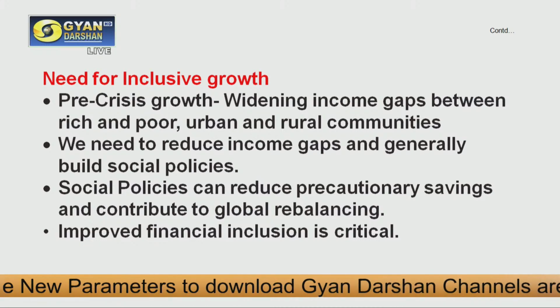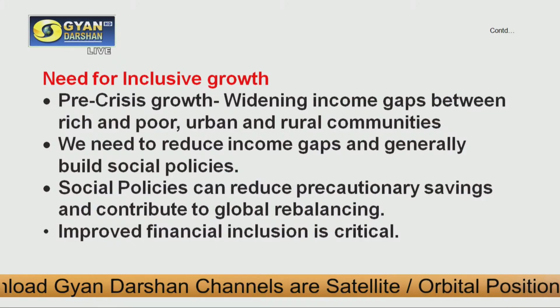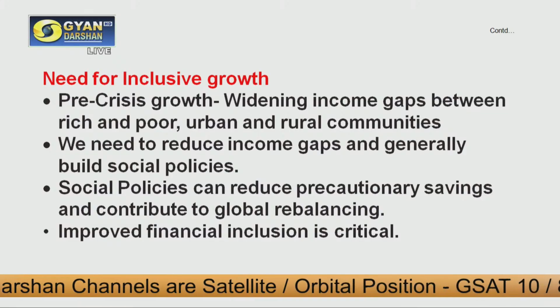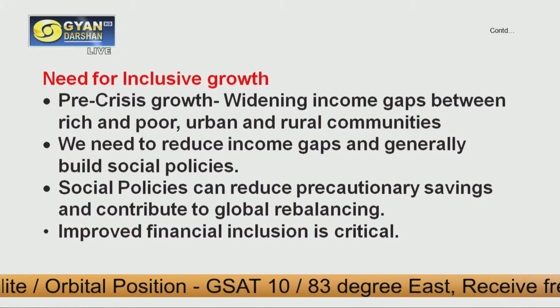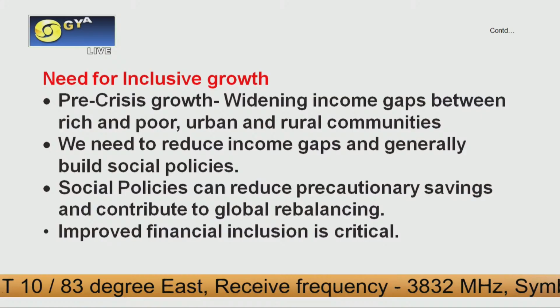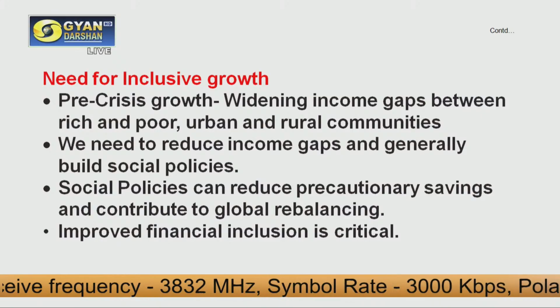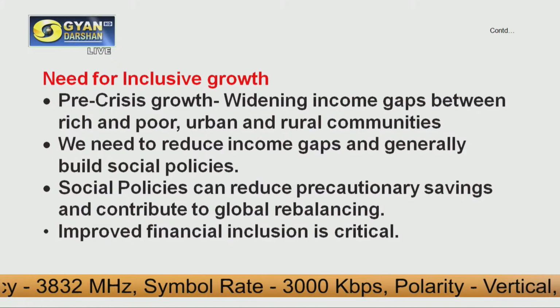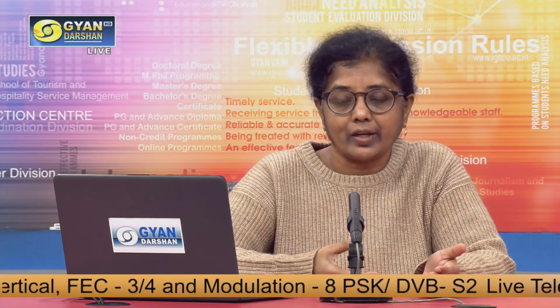Existing studies clearly point out the widening gaps between rich and poor, urban and rural communities. Thus, there is a need to include this population in the existing financial services. We need to reduce income gaps and build social policies. Social policies can reduce precautionary savings and contribute to global rebalancing, and improved financial inclusion is very critical. Let us see the efforts of financial inclusion.